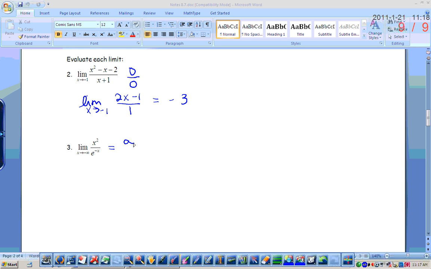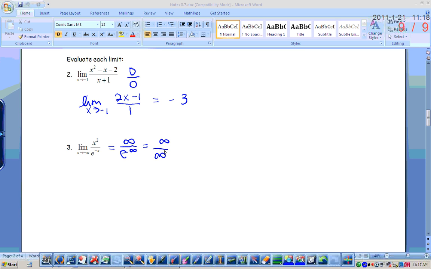Infinity, right. And infinity squared is still considered infinity. And then e to the negative infinity is just e to the infinity, which 2.718 to the infinity power is also infinity.